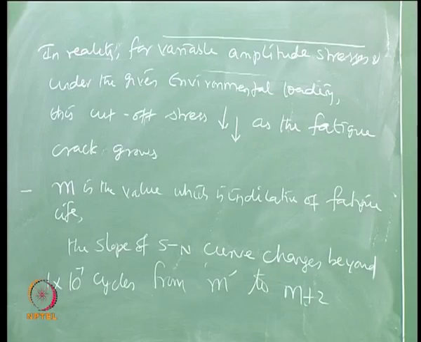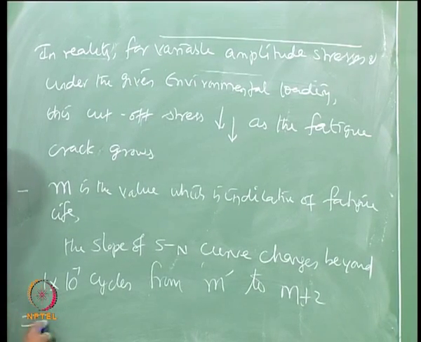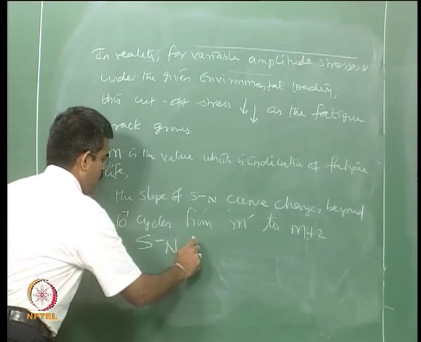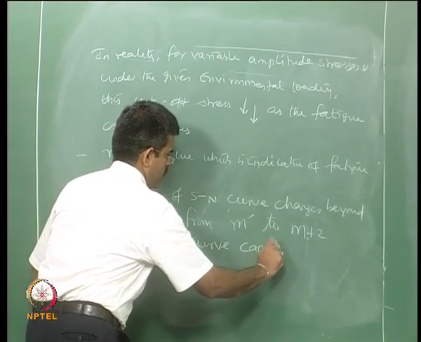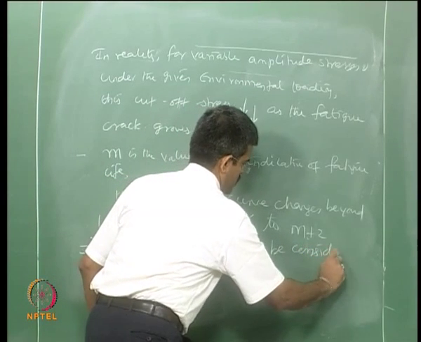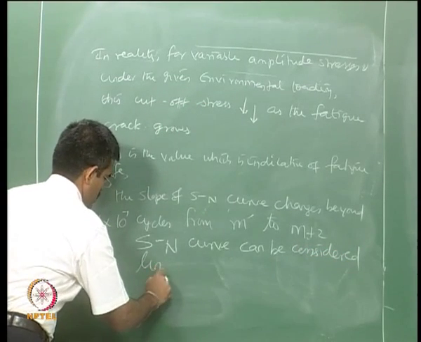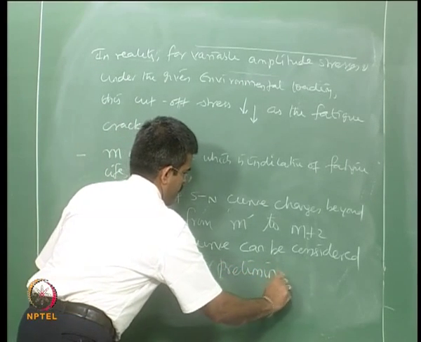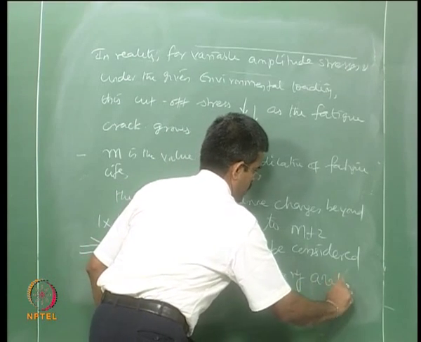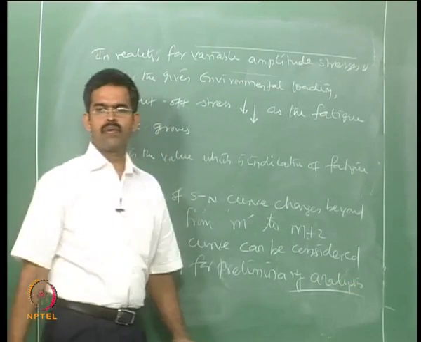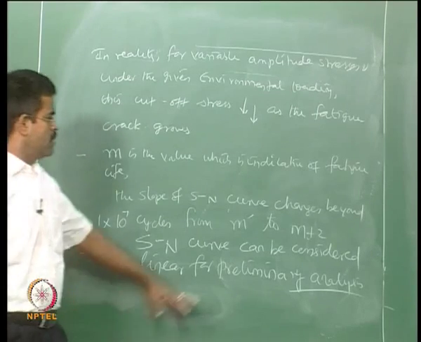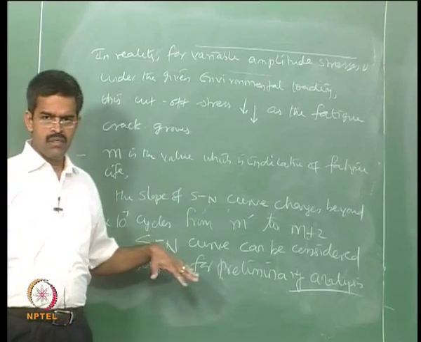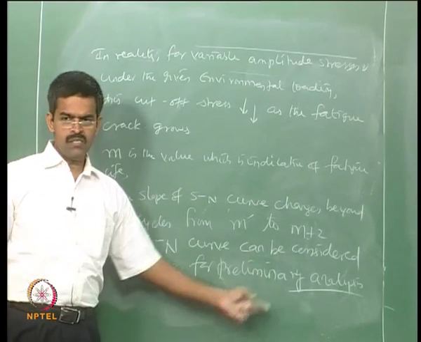The slope changes. What it means is that the SN curve can be considered linear for preliminary analysis. Okay. It changes only beyond a specific number of cycles. Until then it remains a straight line. So, it can be considered as linear.